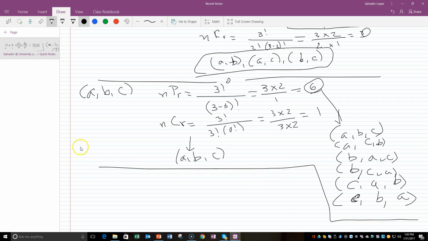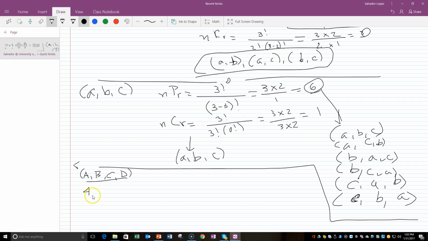You can also apply this to different things, like suppose you go to Italy and you're going to visit cities. Let's just call the cities City A, City B, City C, and City D. In how many ways can you visit the cities? Well, if you notice, you have 4 choices first.